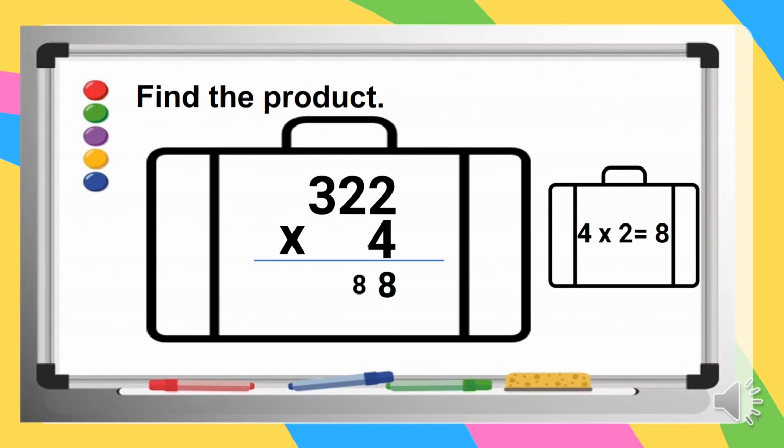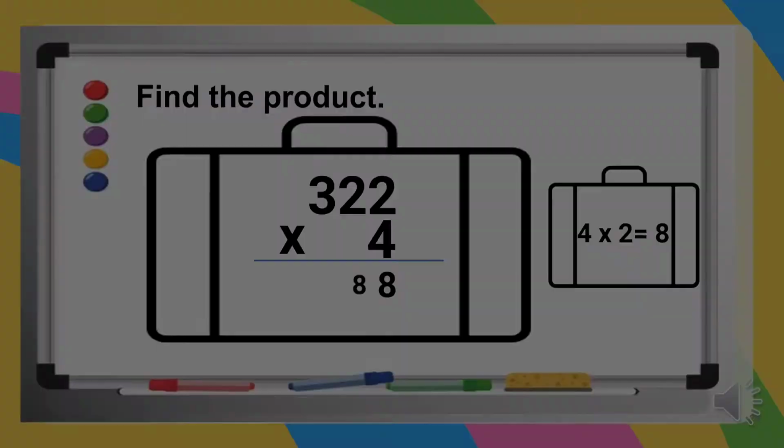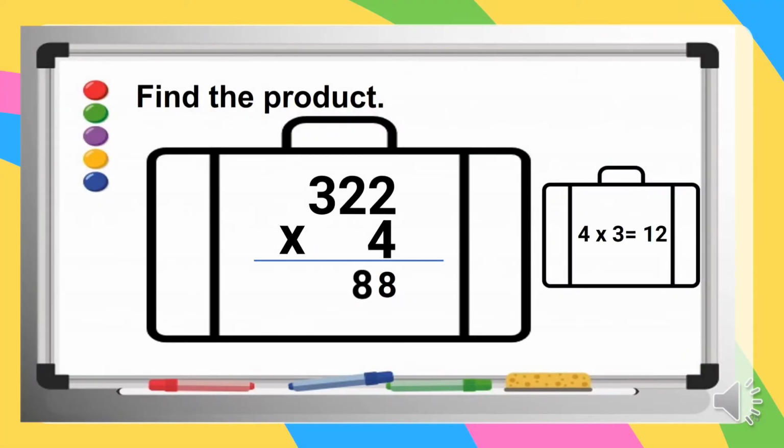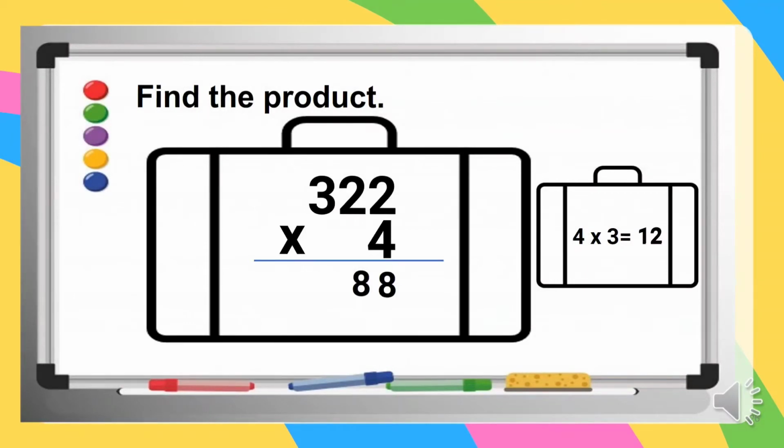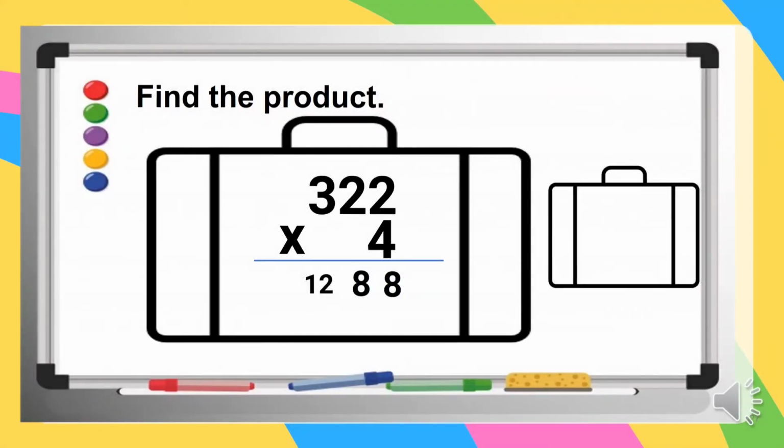Next is, let's multiply 4 to 3. So 4 times 3 is 12. Therefore, 322 multiplied by 4 is equivalent to 1,288.